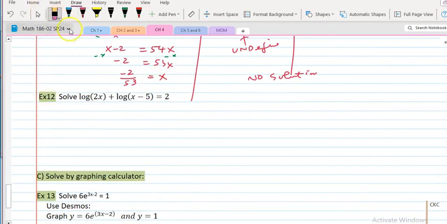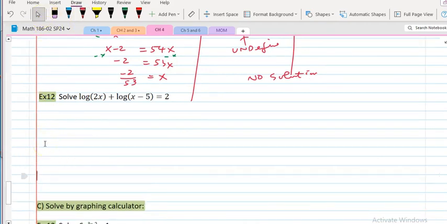Let's do one where we have a number on the other side instead of log. On the left-hand side I still see 2 logs. I don't want it, so combine them by log property. So it'll be log 2x. There's no base, which means base 10. Okay, 2x times x minus 5 equal to 2.